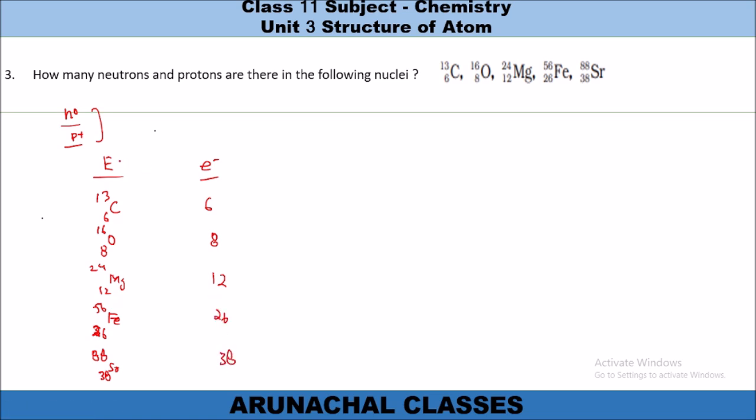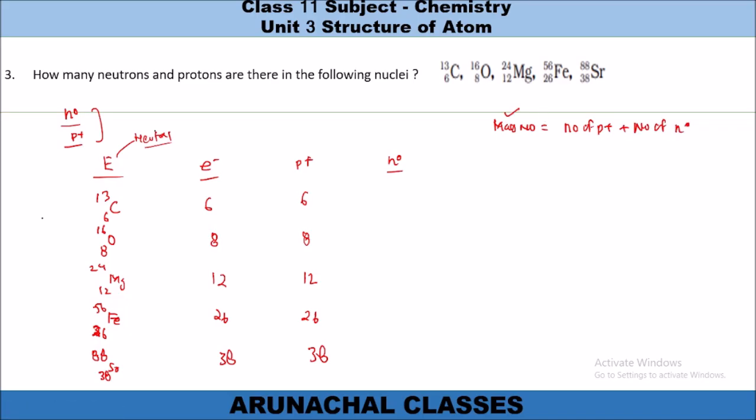We can see the atomic numbers. The atom is neutral, so the number of electrons will be the same. Now the number of protons will be 6, 8, 12, 26 and 38. What about neutrons? We know that mass number is equal to number of protons plus number of neutrons.